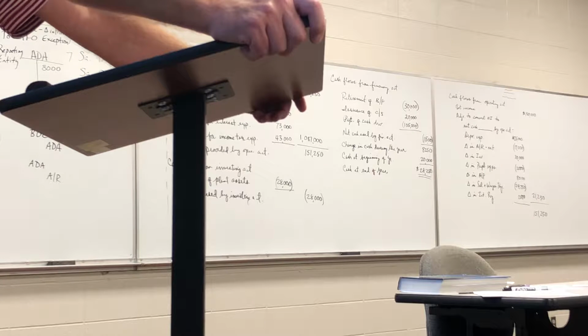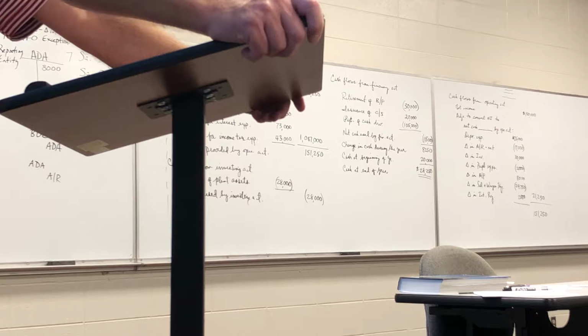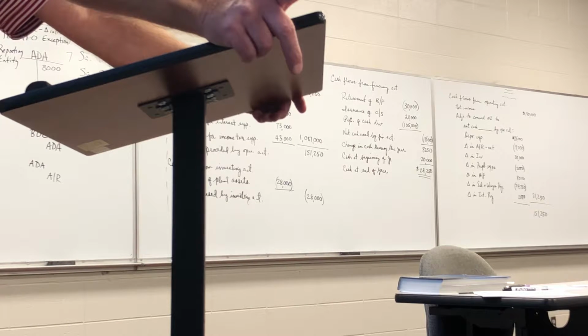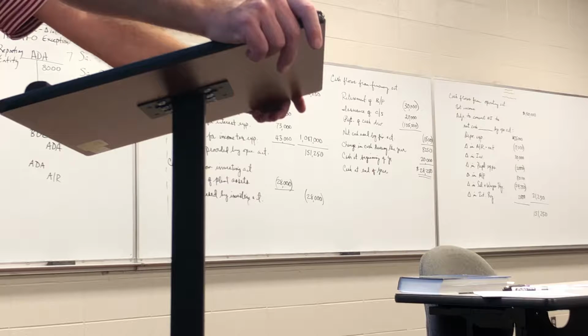C, disclose the effect of the change on the current year and the reasons for omitting the computation of the cumulative effect and pro forma amounts for prior years. Why are you omitting the computation? Because it's impossible to do it. Yeah, that's exactly right.